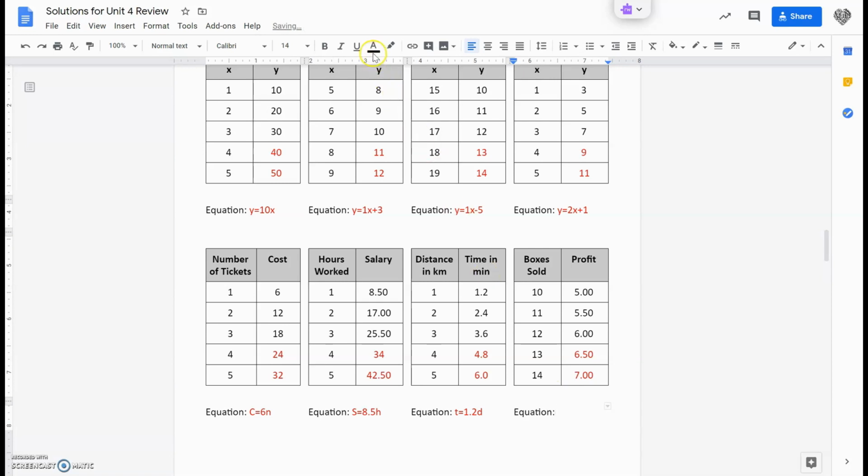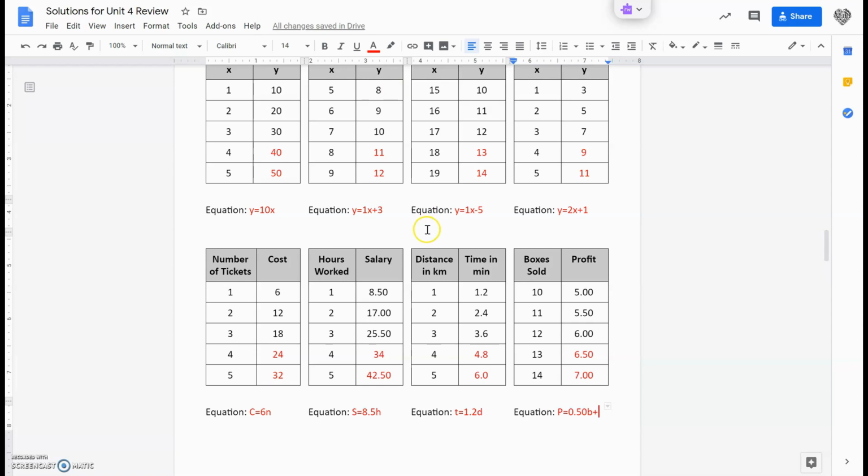equation, we would say our profit equals, so we're going up by 50 cents each time. So we can say 0.5 or 0.50, it doesn't matter, times the number of boxes sold plus what is our starting value. So this is one of those ones where we can count backwards, but we're counting backwards from 10, so we'd be here for a little while.